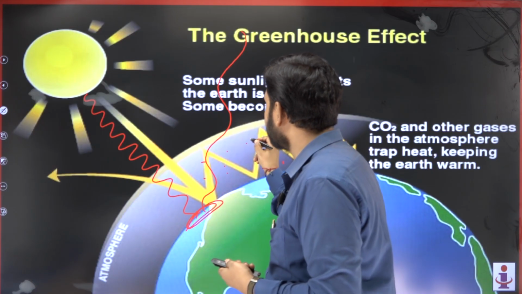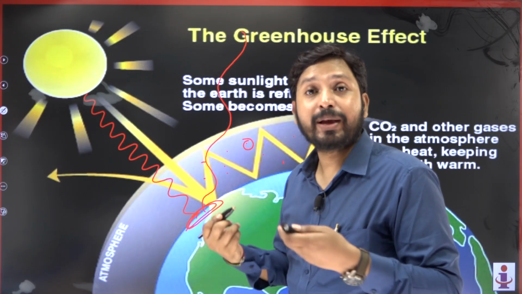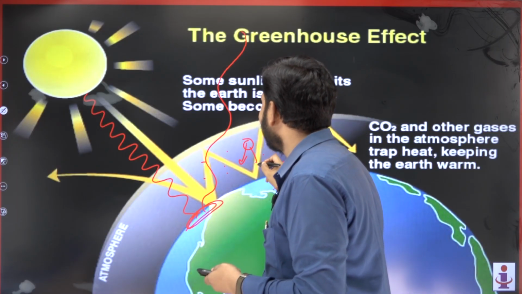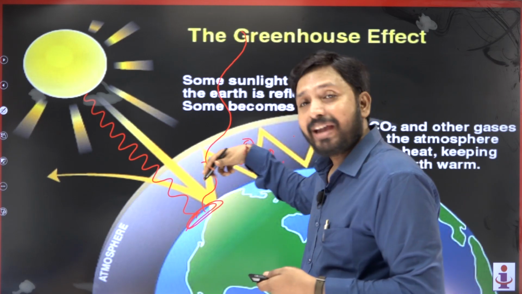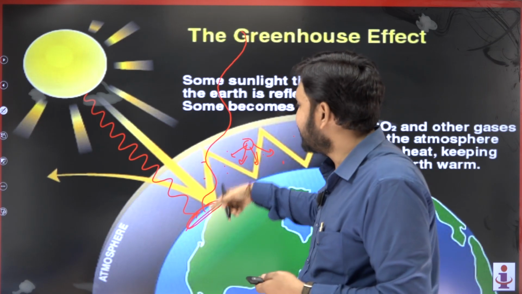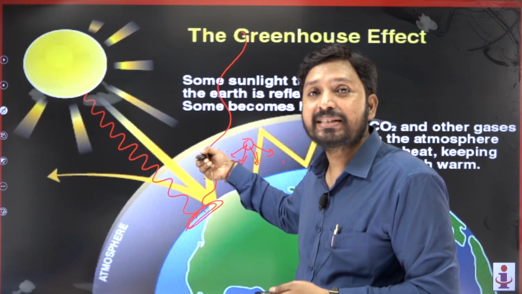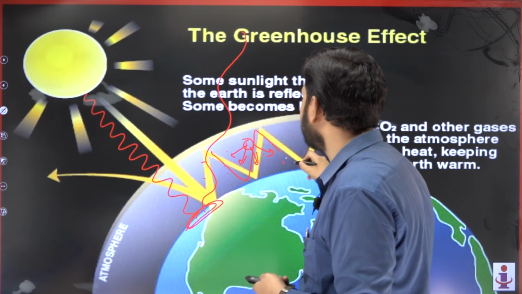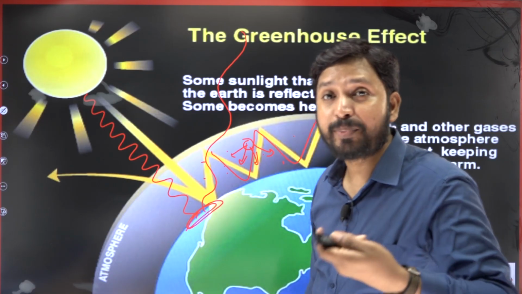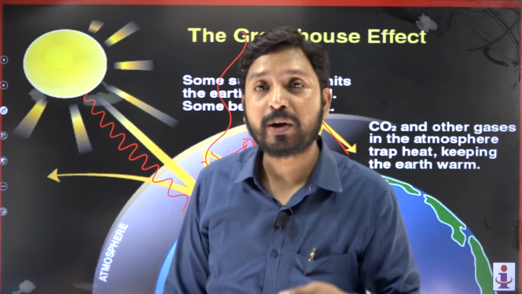Once these gases absorb it, they become warm and re-radiate or release the heat they have absorbed. So in a way, the energy that is released is once again trapped by these gases present in our atmosphere, and they will re-radiate continuously. It will happen within this atmosphere, and the temperature of our Earth's atmosphere will keep on increasing.